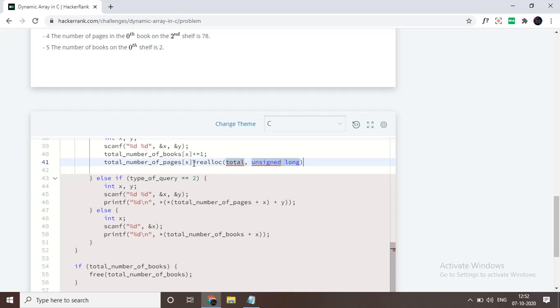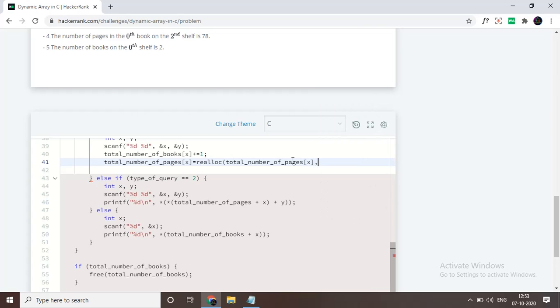total underscore total number of pages. First of all, I am going to reallocate it. Total number of pages of x, comma, this is the previous input.